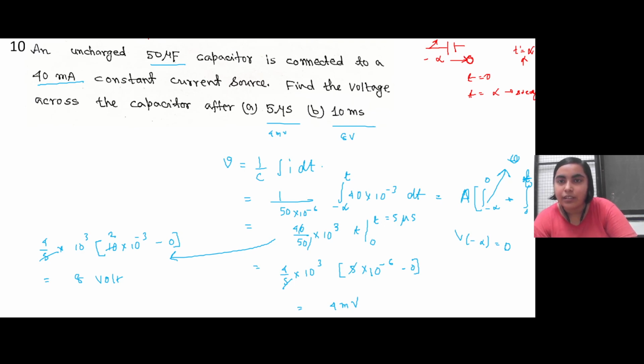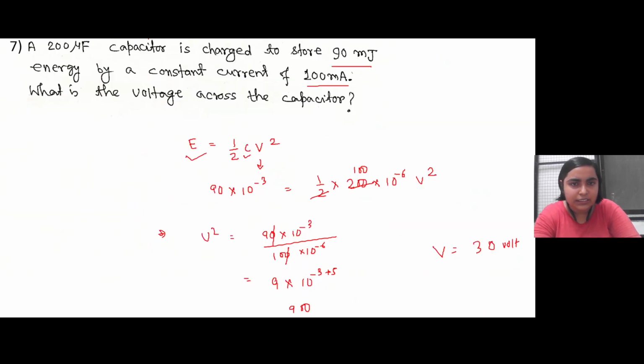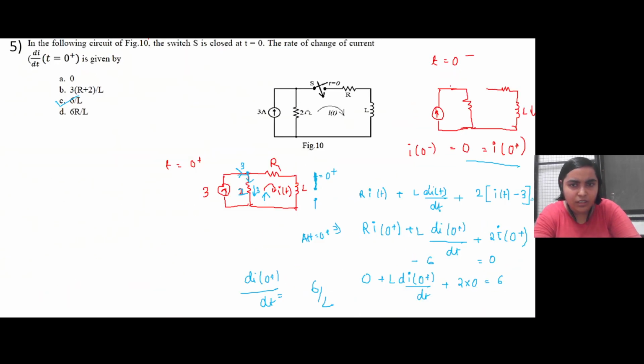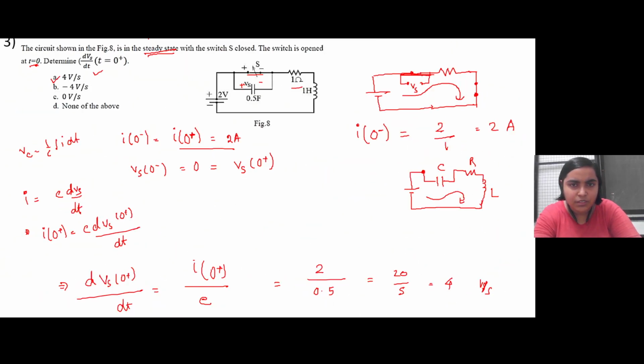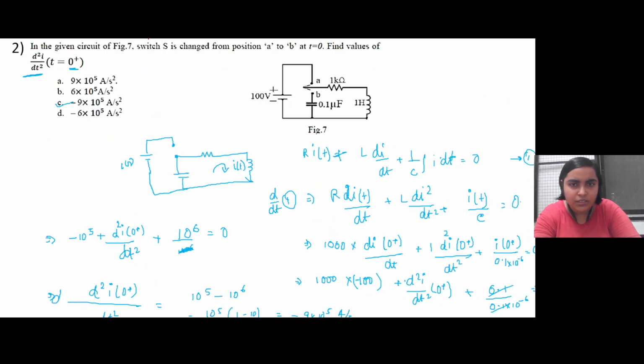But in different problems, suppose initially this switch was closed, so the inductor was charging up to time t equal to 0 and has reached the steady state at t equal to 0 plus.